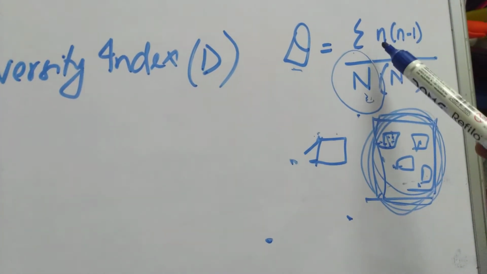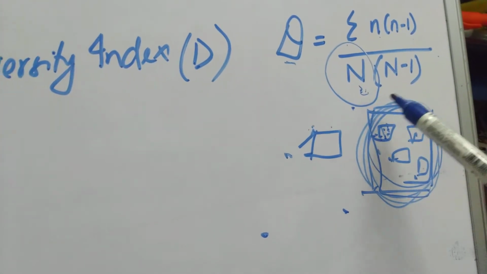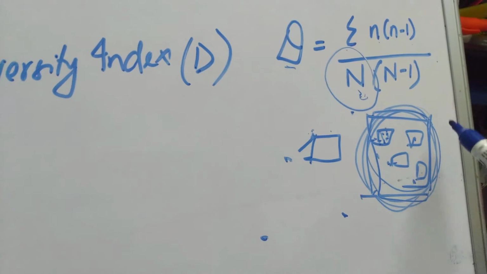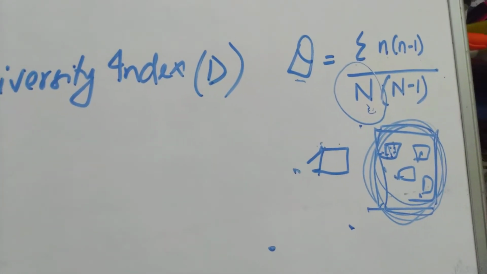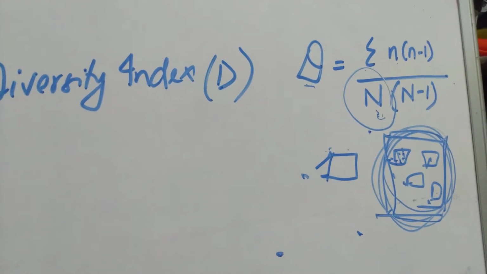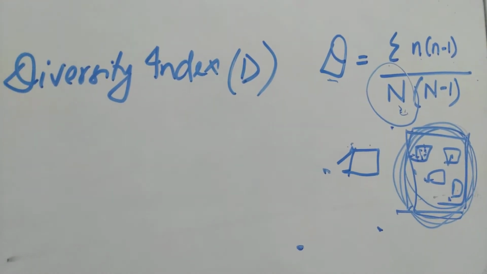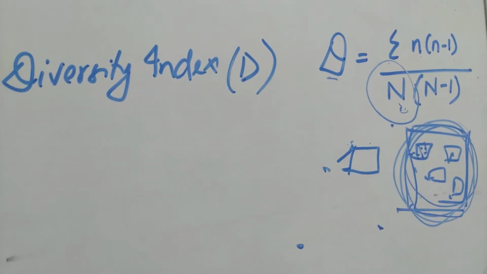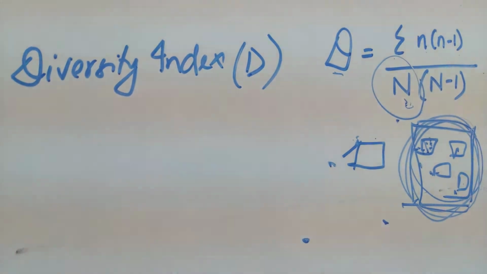So the summation of n into n minus 1, divided by capital N into N minus 1, is your Simpson diversity index. If you have any problem understanding this formula, please write in the comment section and I'll get back to you whenever I'm free.